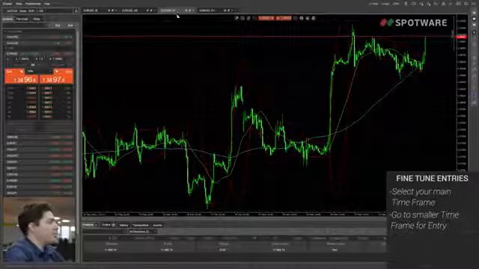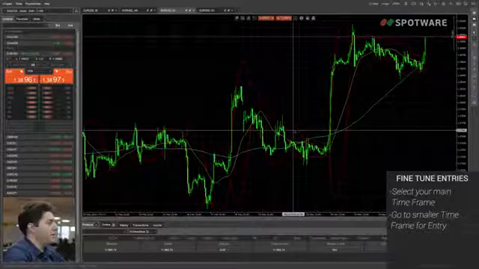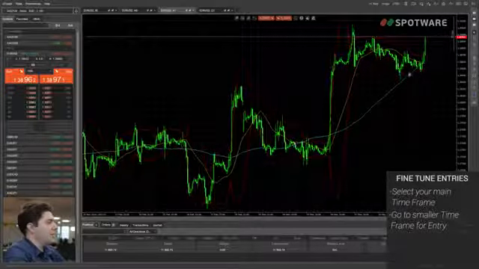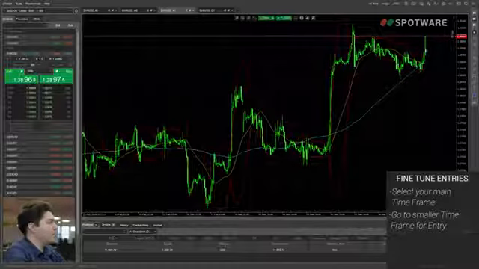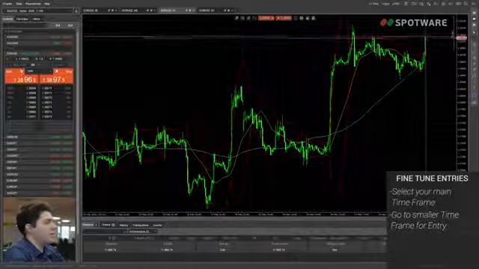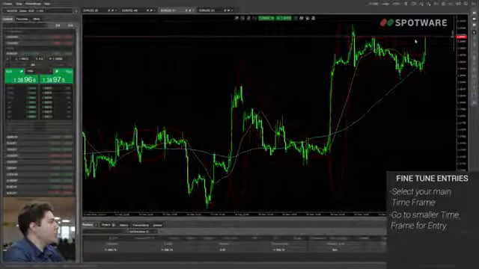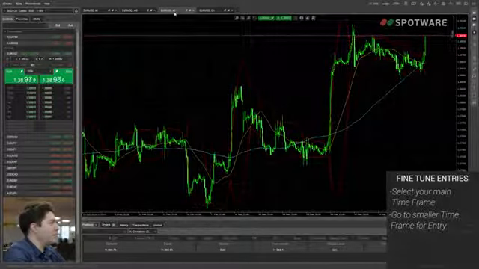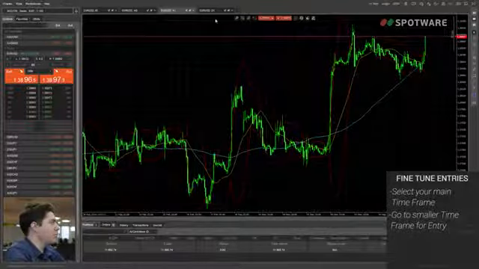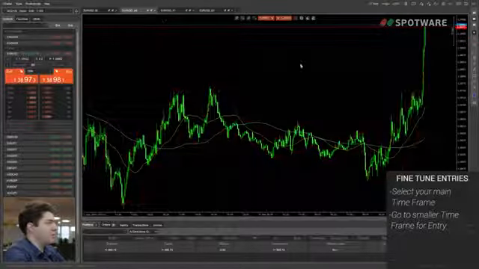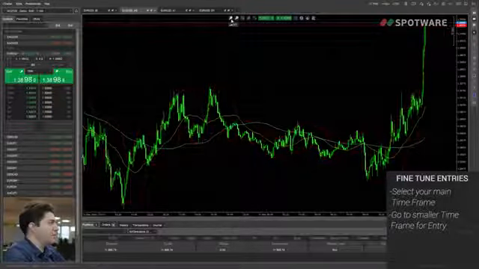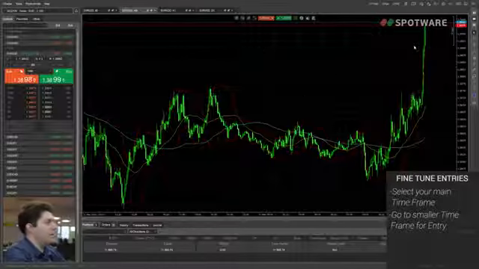Now in this case we have the 1 hour chart. We actually don't have a signal now, but let's assume that we have a short signal now. Even though the short signal is on the 1 hour chart, we're going to go to the 5-minute chart, which is a completely different chart, and we're going to do our technical analysis here.